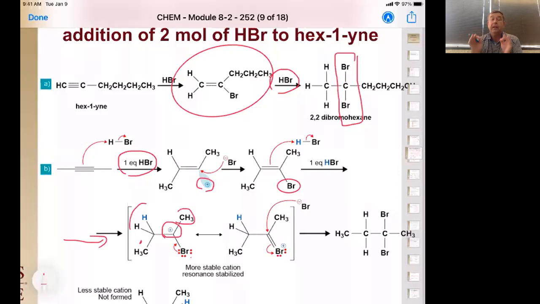The bromine can help stabilize that positive charge even more than a carbon can because it has lone pairs, so it can resonance stabilize the positive charge by having it reside part of its time on the bromine and the rest of its time on the carbon, making the carbon the most reactive site. So whenever we're adding a second equivalent of acid across a double bond, we always end up with the geminal dihalide, or them both on the same carbon.